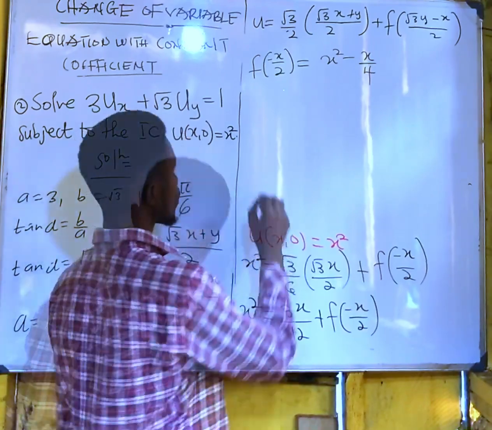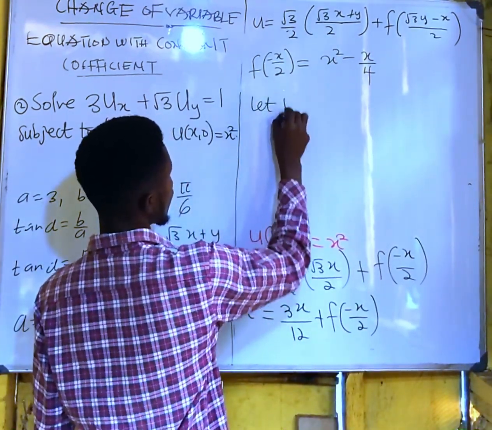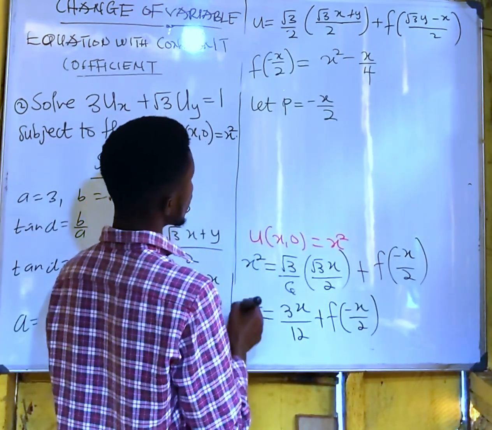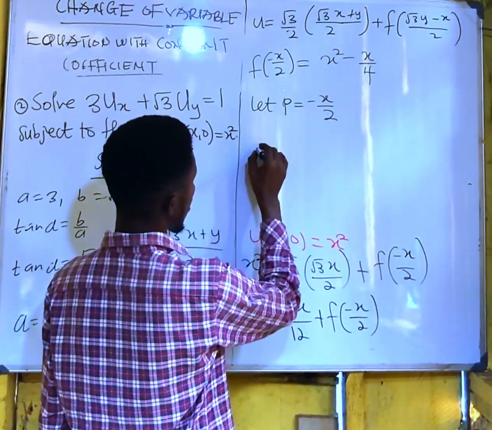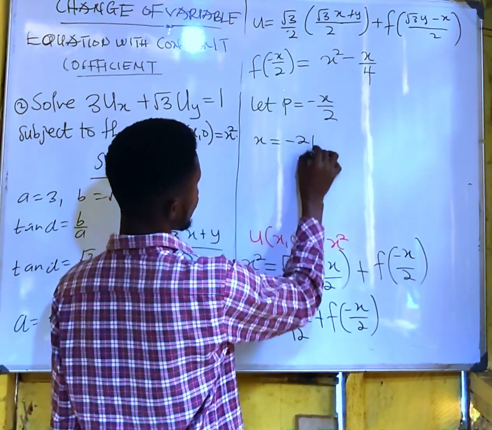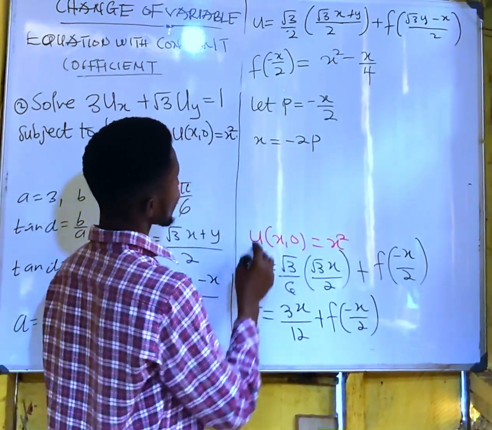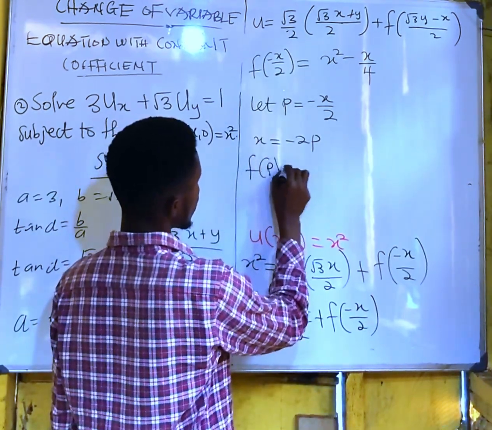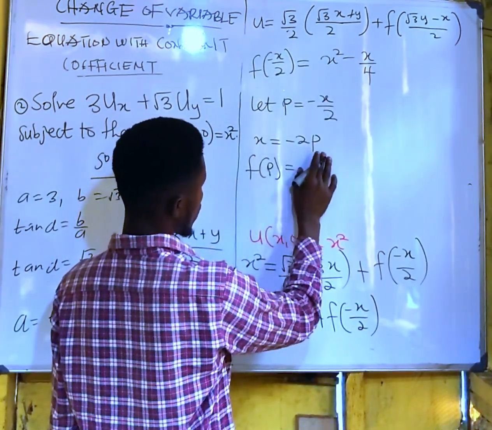Very good. So here let p be equal to negative x over 2. In this case, our x will be negative 2p. Is that okay? So you come back here and substitute: f at p is equal to, wherever I see x, I put negative 2p there.